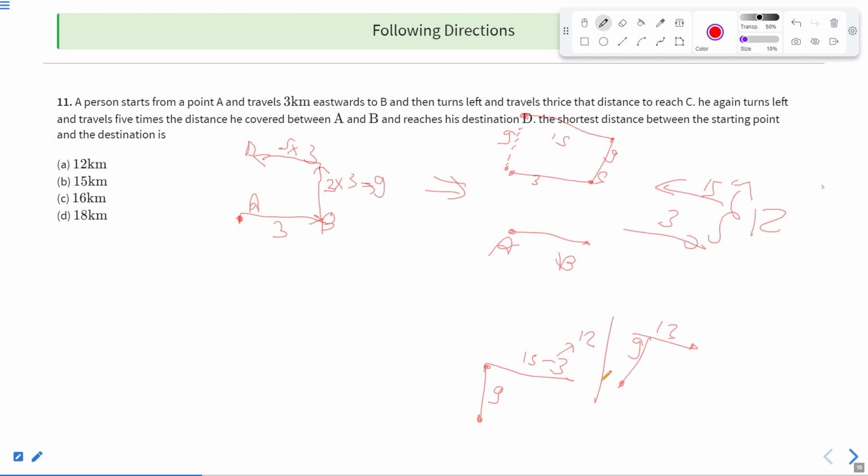So now we need to find out the shortest distance between starting and destination. I'm taking this to be destination and this to be starting. Answer is just the hypotenuse. Now we know hypotenuse is nothing but square root of a square plus b square, which is 9 square plus 12 square.